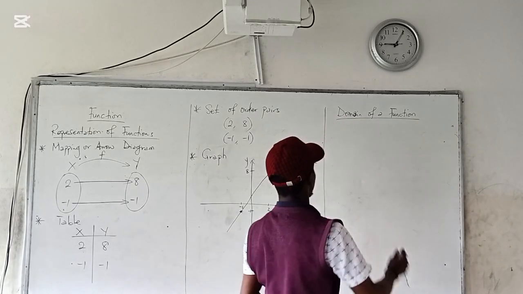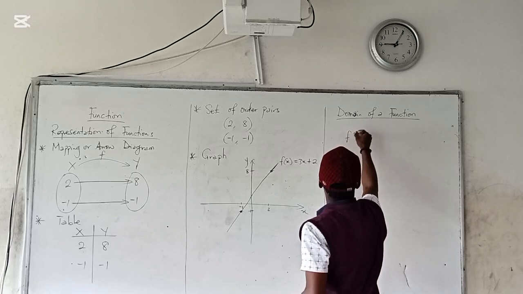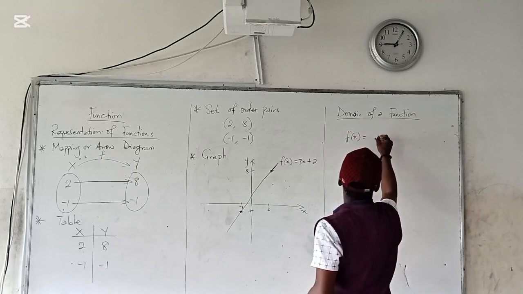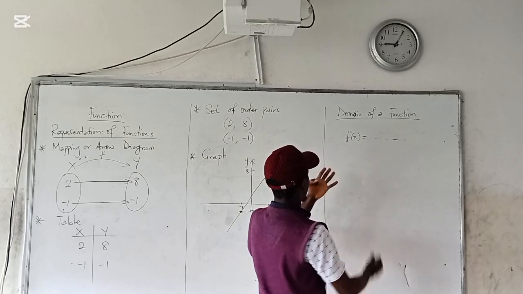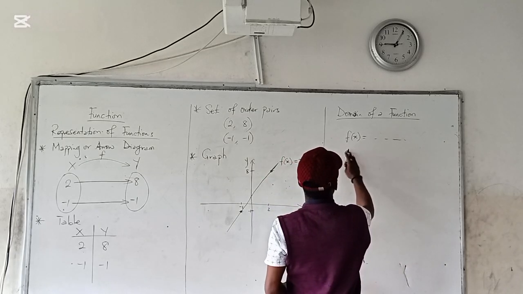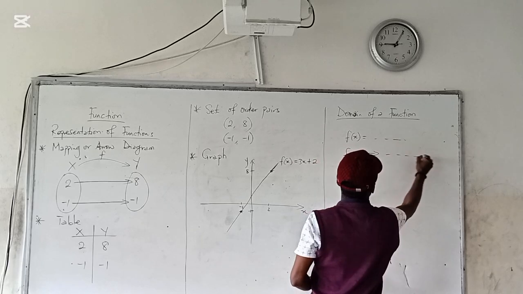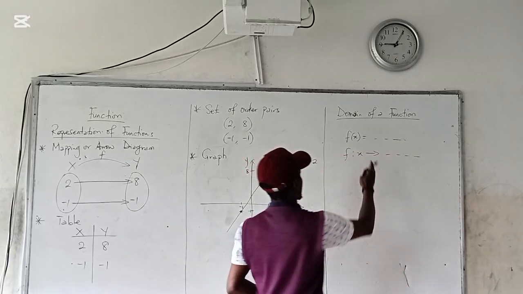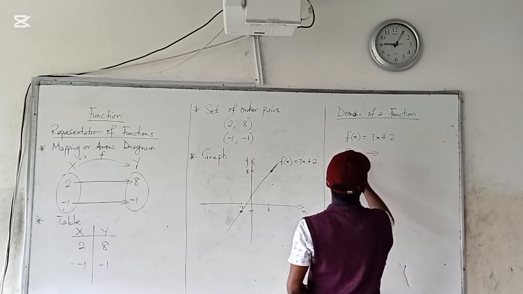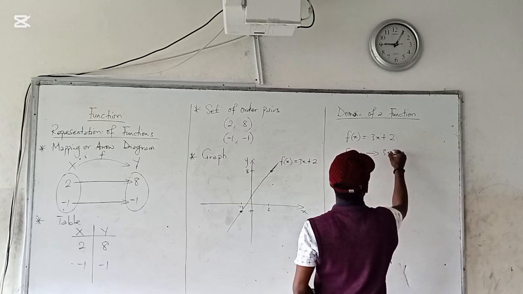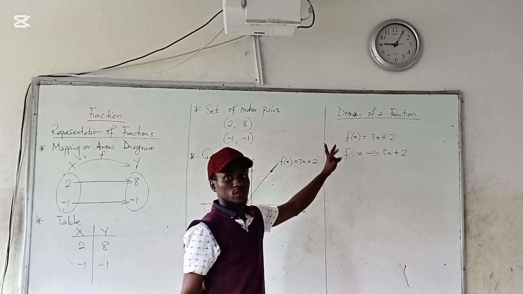A function can be denoted like f of x equals, they give you a particular equation, or you can also have a function represented this way, f such that x is assigned to. So let me see, let's say f of x is equal to 3x plus 2, or f such that x is assigned to 3x plus 2. So these are two notations of functions.